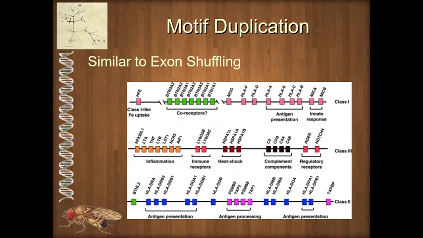Most of the time it's probably not going to be beneficial, going to be detrimental, and will be removed by natural selection. But enough of the time it results in something positive. And so this is the major mechanism, this copying, along with gene duplication. So really, we're looking at scales of different things, but gene duplication, exon shuffling, motif duplication, these account for the vast, vast majority of all of the diversification of proteins, especially in eukaryotes, but to some extent even in the prokaryotes.